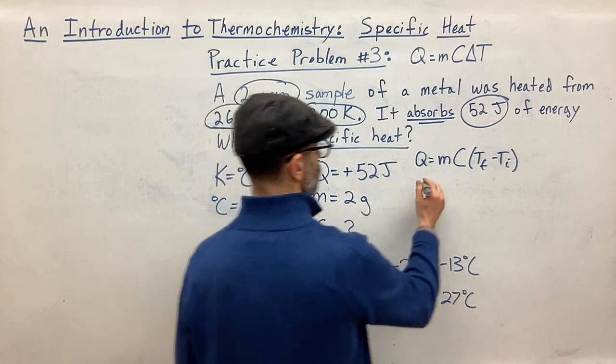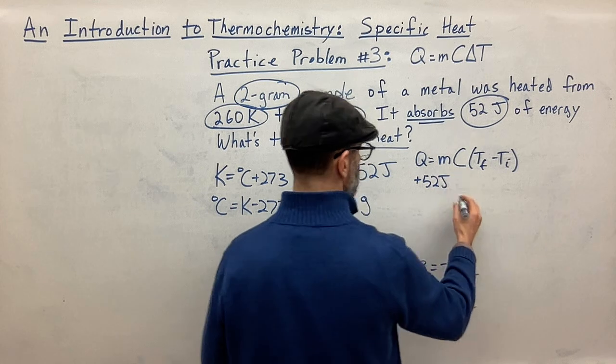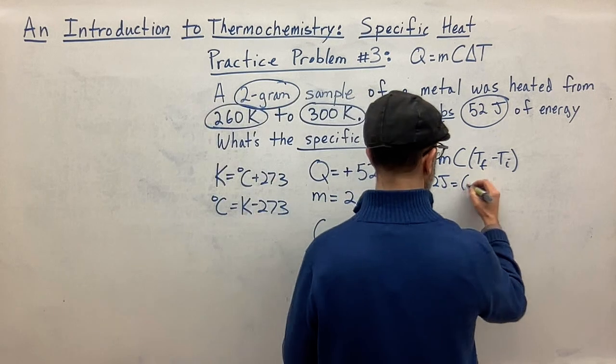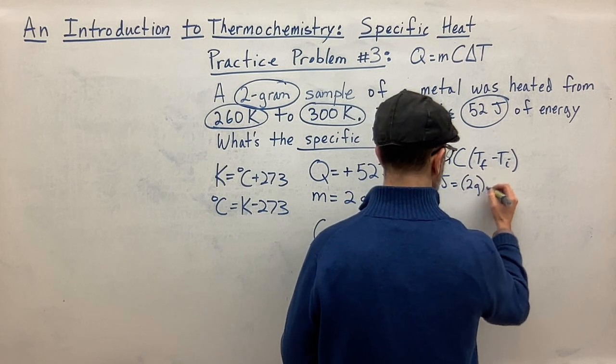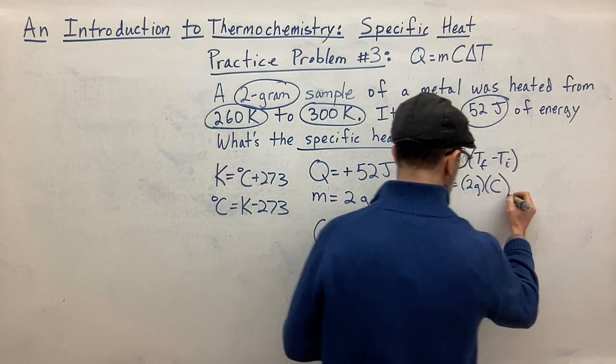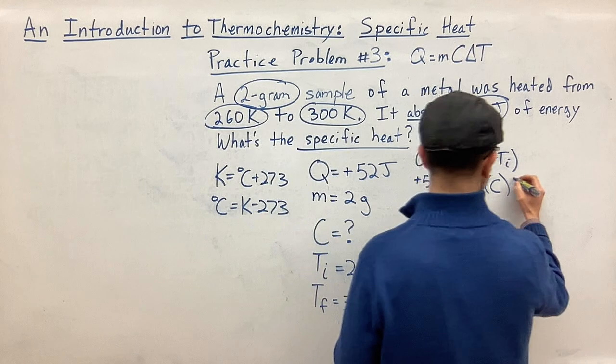So we have a positive 52. So this is 52 joules is equal to the mass, which is 2 grams, multiplied by the C, which is what we're looking for. And then final minus initial.